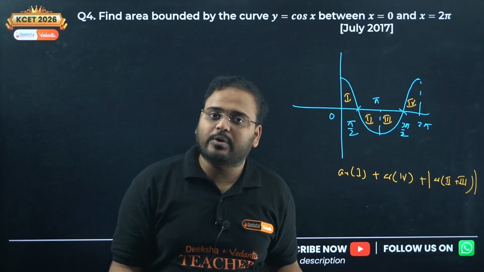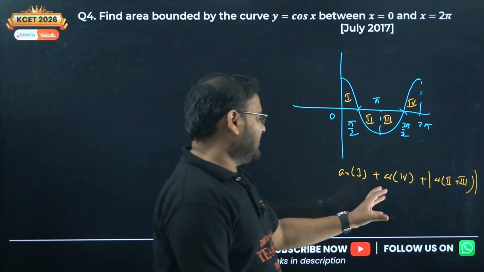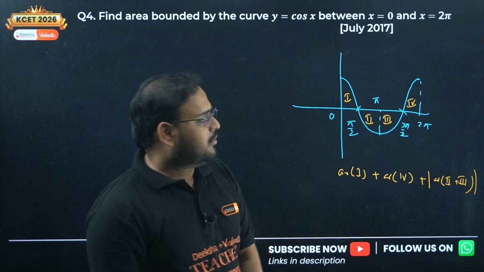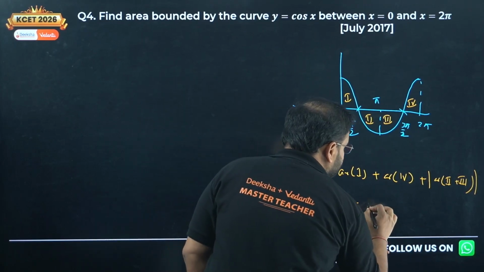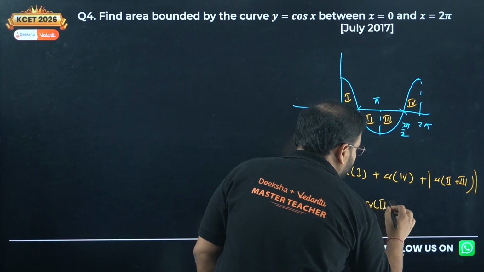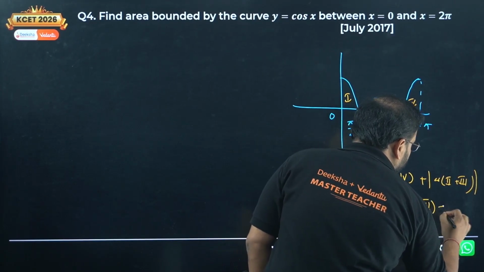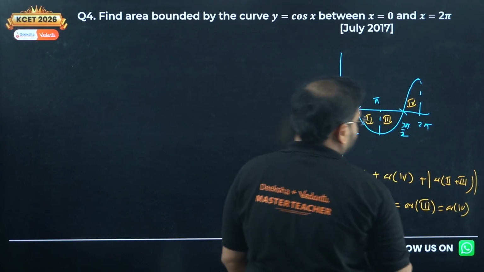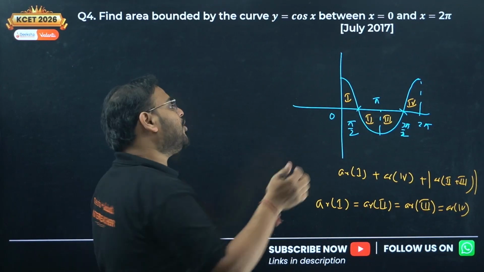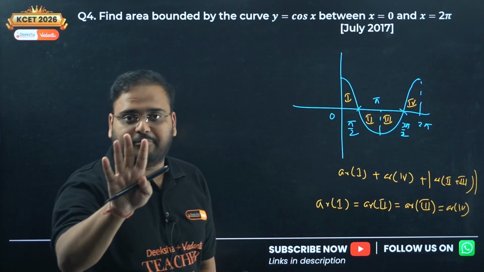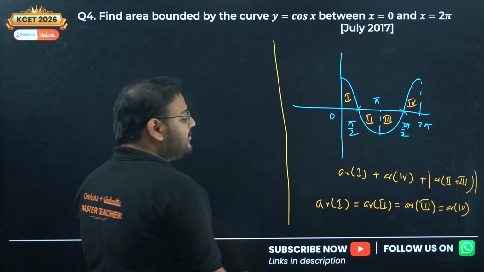I have to make modulus to get the area, right? We cannot take the negative as the area, so I have to add it like this. Otherwise, simply you can check here. Area of part 1 is equal to area of part 2 is equal to area of part 3 and is equal to area of part 4. All these sections will have equal area. So simply find the area of one of the sections, multiply by 4. Isn't it simpler and actually less calculative in nature?